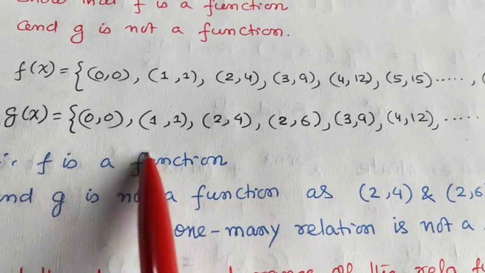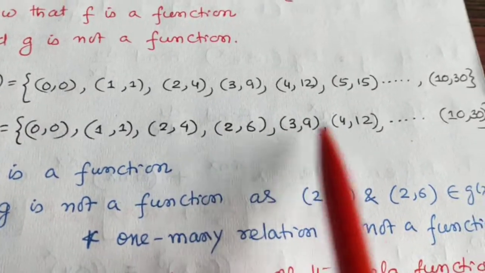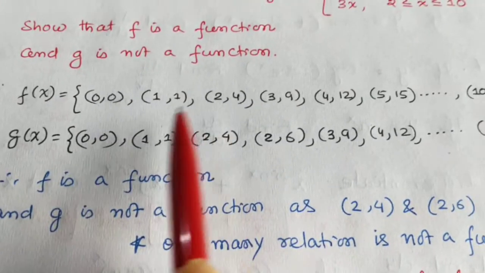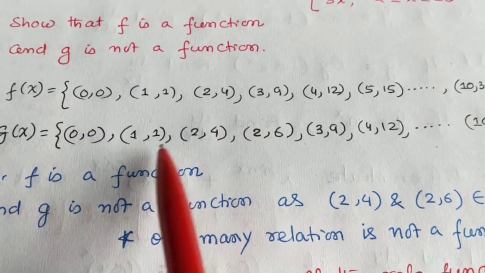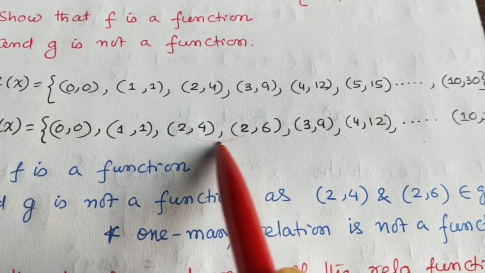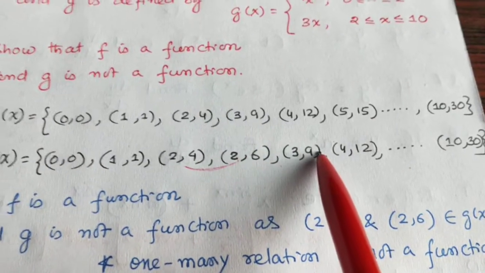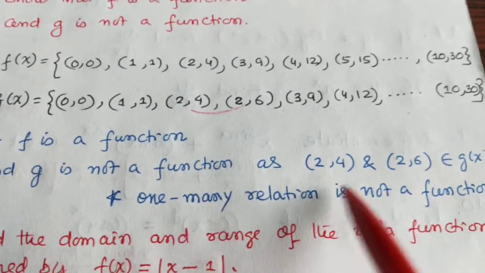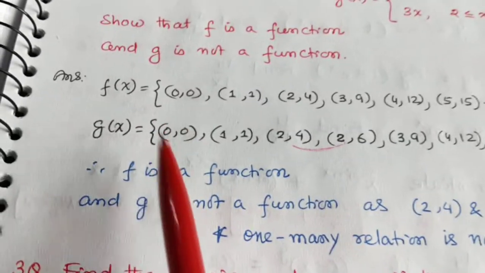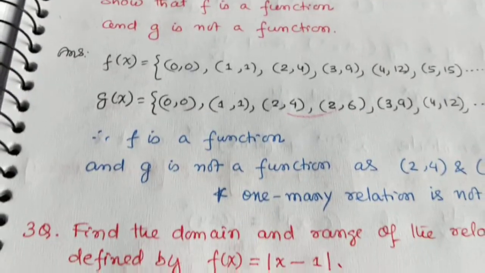So what you are getting: 0, 0, 1, 1, 2, 4, 2, 6, 3, 9. So f is a function, you can see, but g is not a function because of these two. 2 is going to 4, 2 is going also to 6. One-many relation is not a function. Therefore, g is not a function while f is a function.